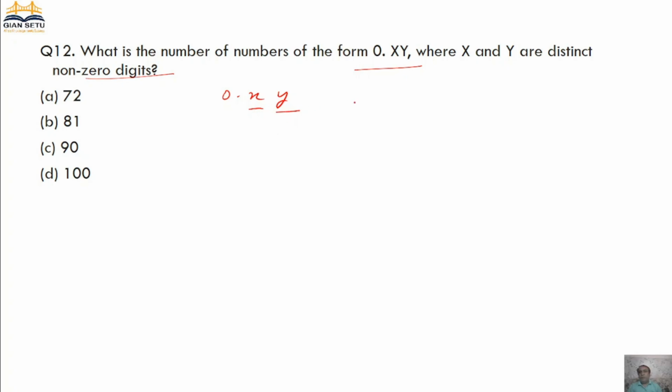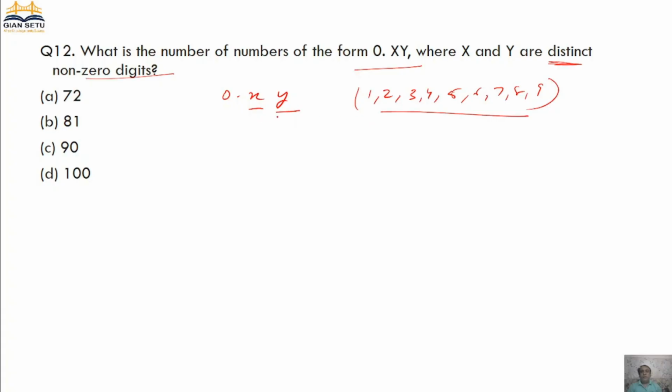Here we need distinct non-zero digits. Non-zero, that is, we cannot have zero. And the available digits are 1, 2, 3, 4, 5, 6, 7, 8, 9.